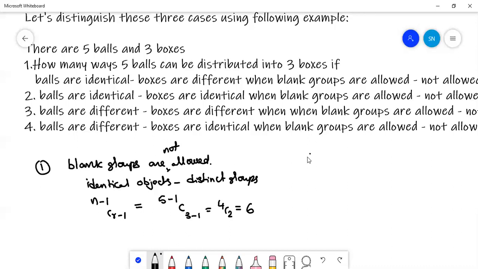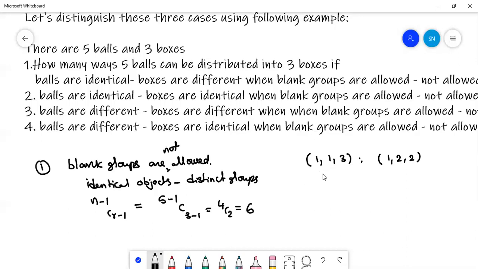The possible cases, dividing 5 into 3 groups, are 1, 1, 3 and 1, 2, 2. There are only 2 possibilities. So 1, 1, 3 should be given to 3 distinct groups.